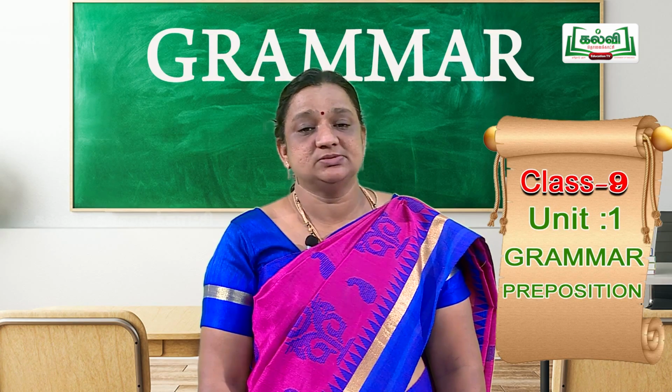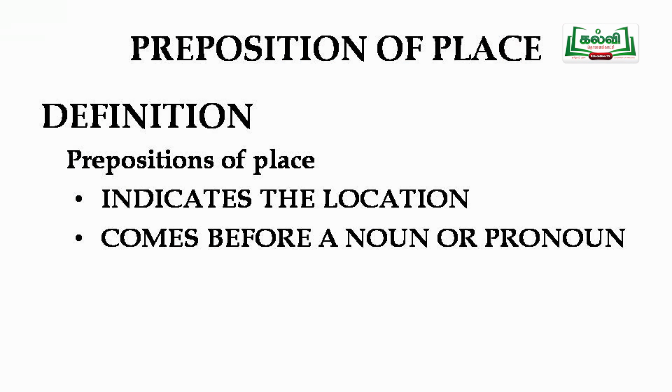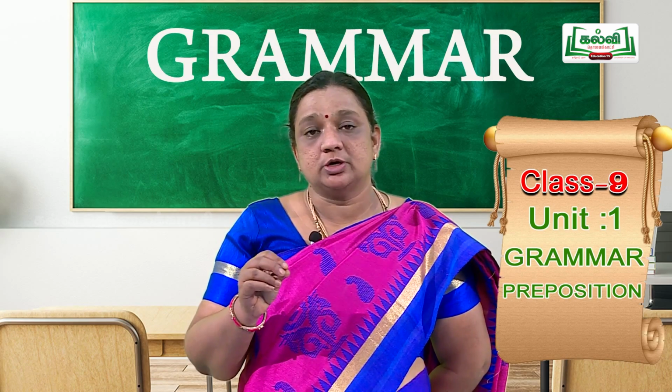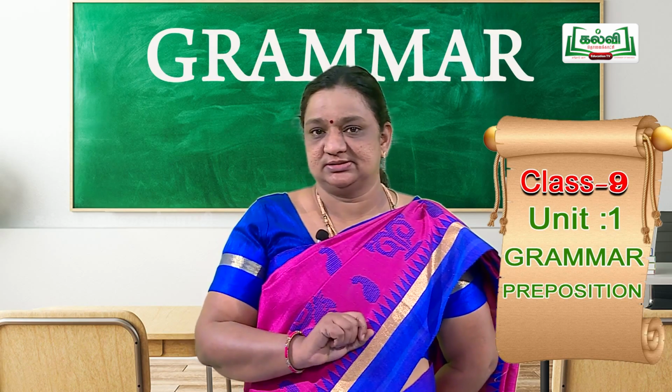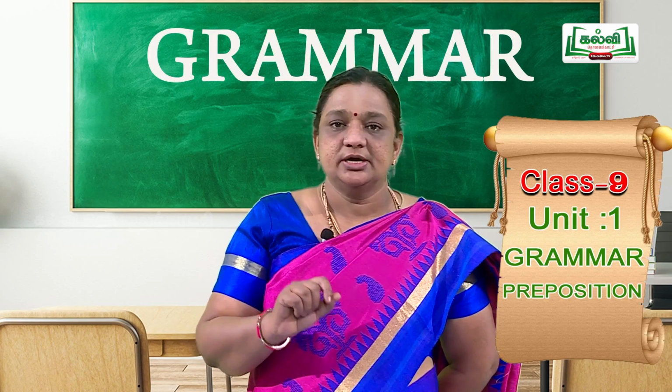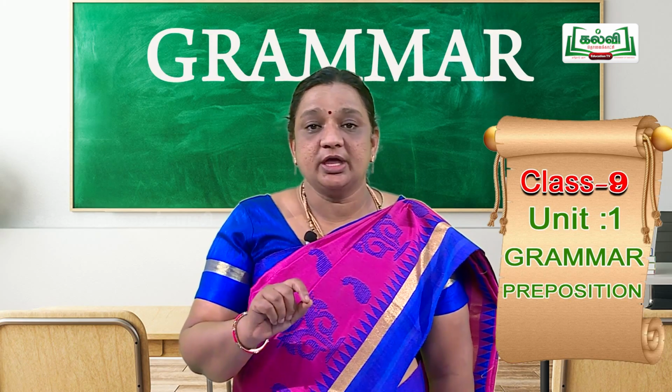Now, let us move on to the prepositions of place. The name itself tells us the idea that we are going to talk about where the noun is. This preposition is going to tell us where the noun is.